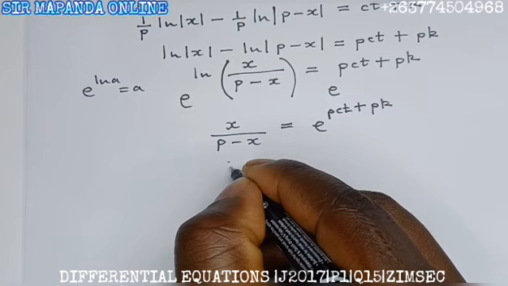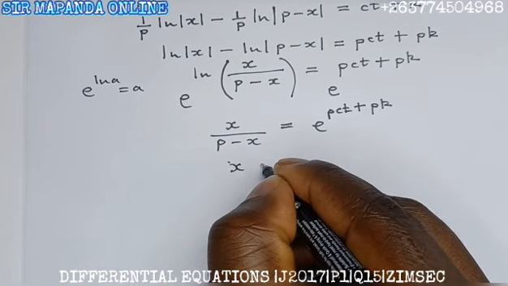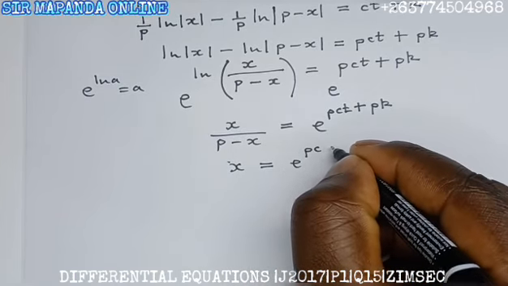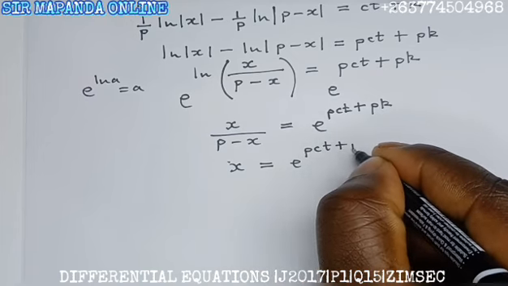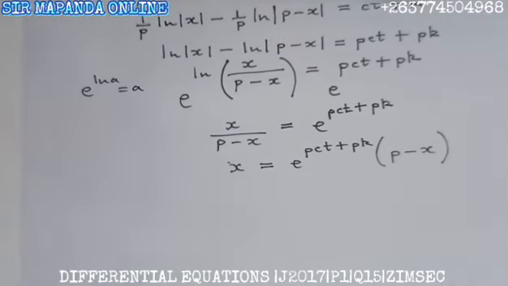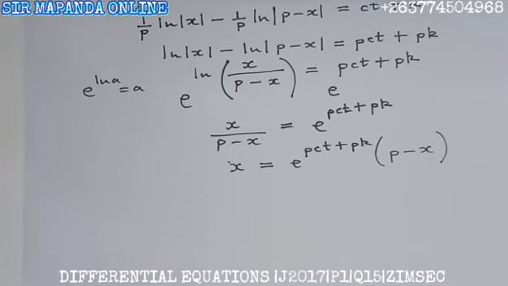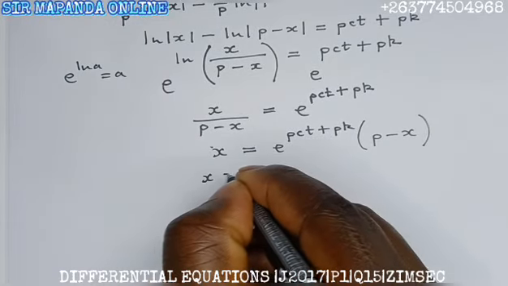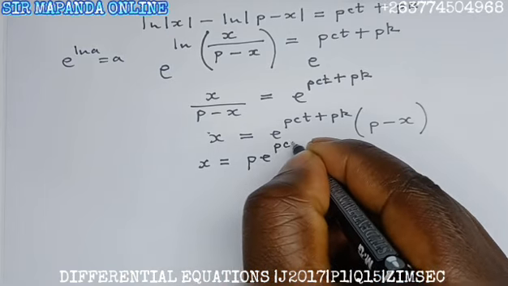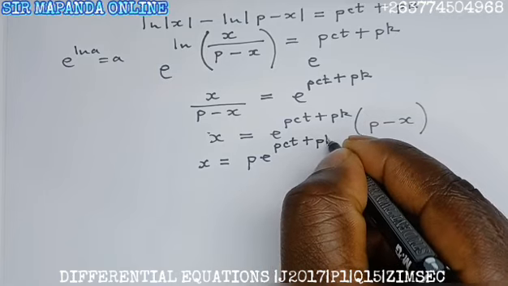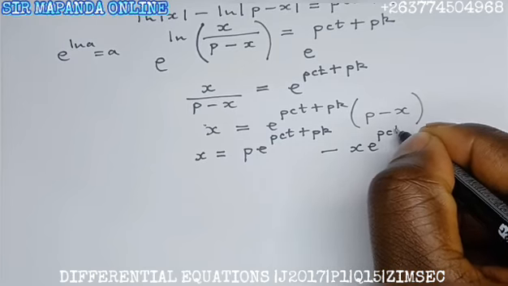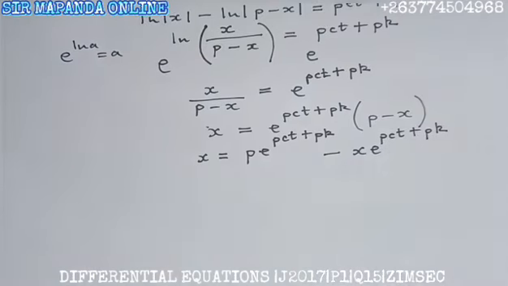Then we expand. So if we expand, you get x is equal to e to the power of pct plus pk, open bracket, p minus x. I hope you are following. Then we remove this bracket to get x is equal to p e to the power of pct plus pk minus x e to the power of pct plus pk.